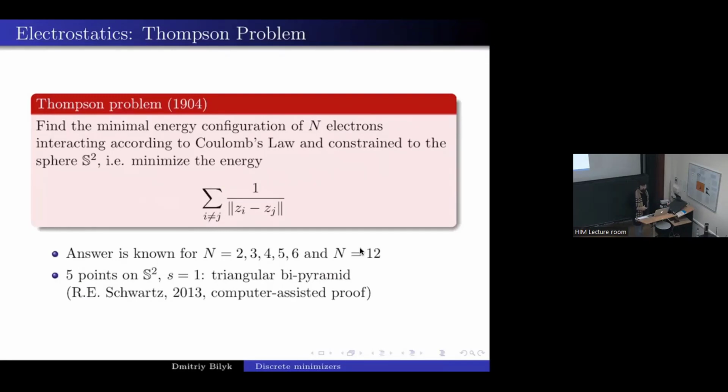Just to illustrate how difficult it is, the answer is known only in a handful of cases. For example, for 5 points, the answer was provably found only fairly recently, and that was a computer-assisted proof. So these problems are very delicate.